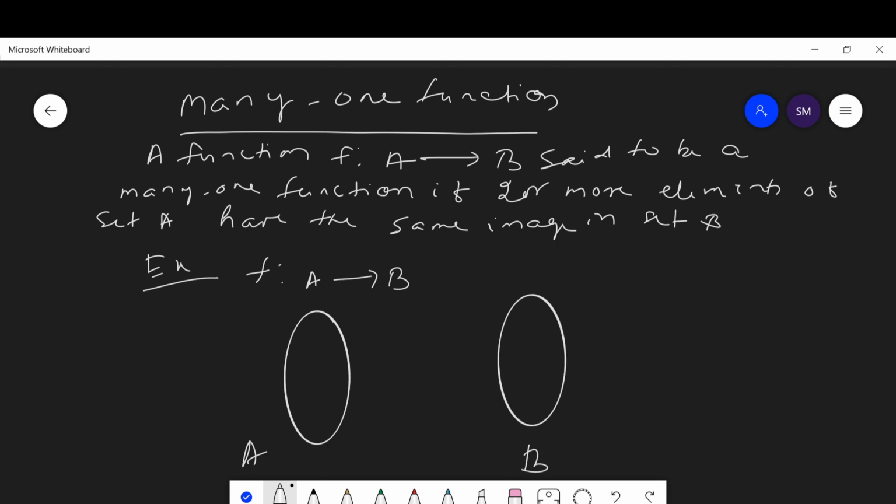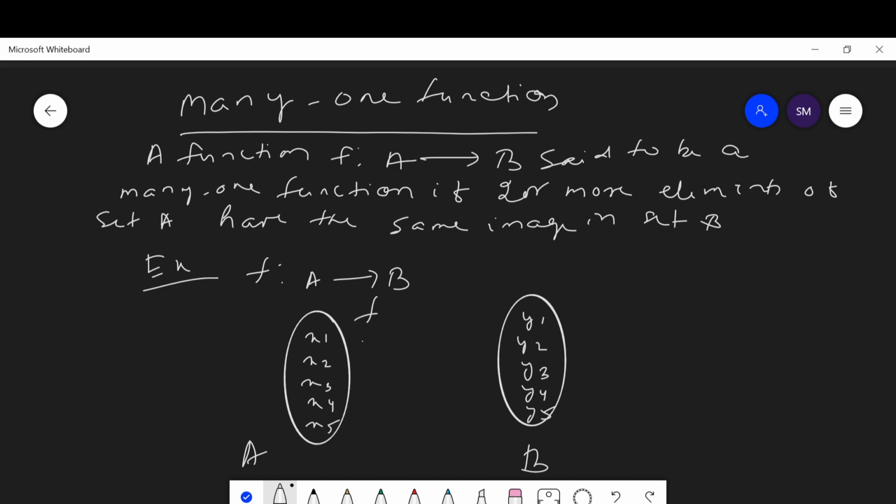Then x1, x2, x3, x4, x5 are the elements of set A, and y1, y2, y3, y4, y5 are the elements of set B. Here f is a function.